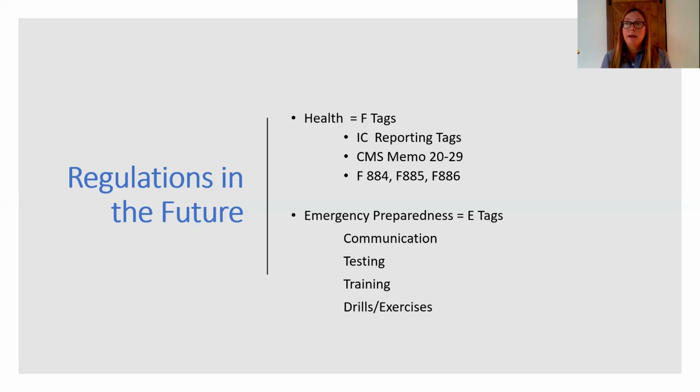And initially then, as the reporting requirements came out for 884 and 885, this is where the NHSN reporting that you're doing to the NHSN is a federal requirement, meaning only surveyed by federal surveyors. And then your other survey tag, the 885, is the communication. So again, this is under infection control, but it's linking back to your communications plan, and back to what you've done for your emergency preparedness program.